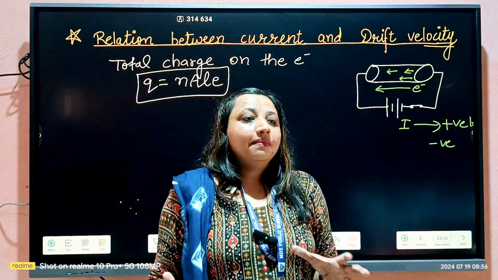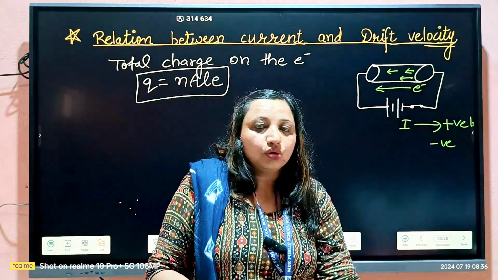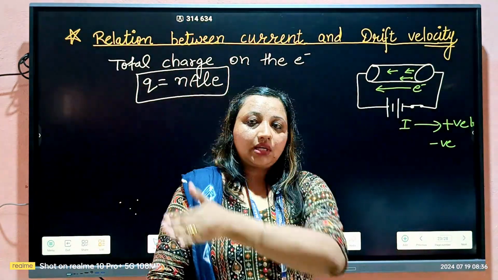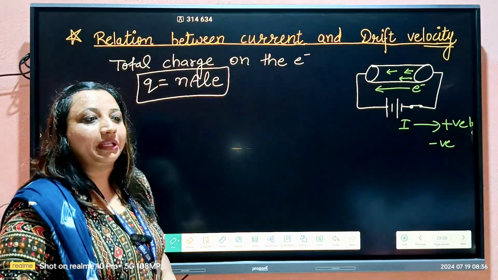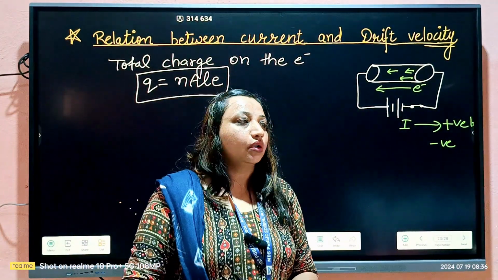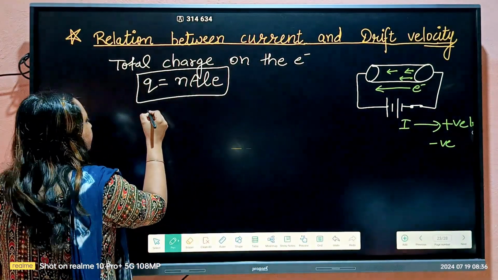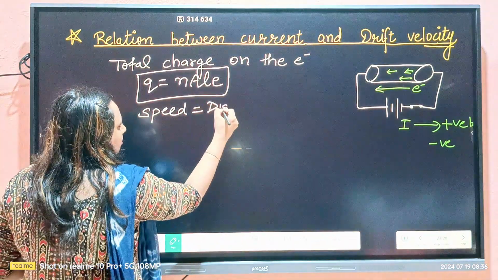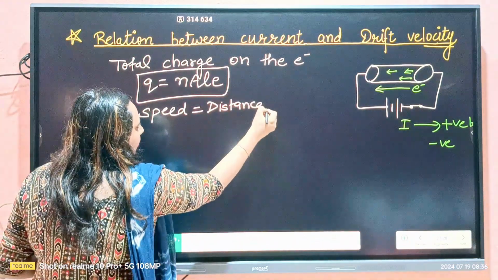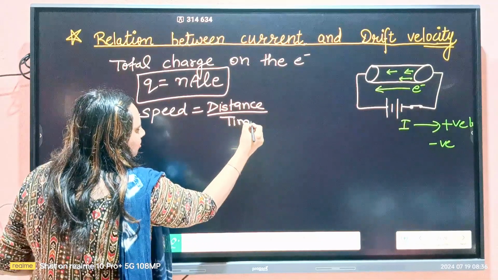And what time did they take to travel that length? What is the formula for speed? Speed is equal to distance upon time.